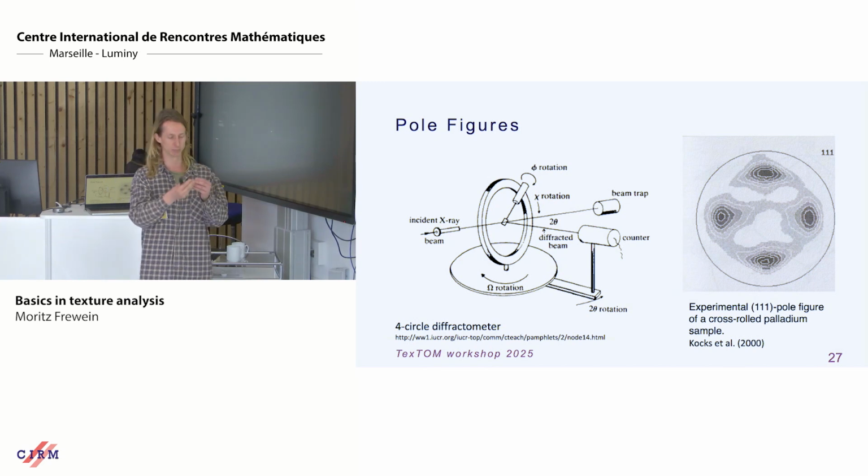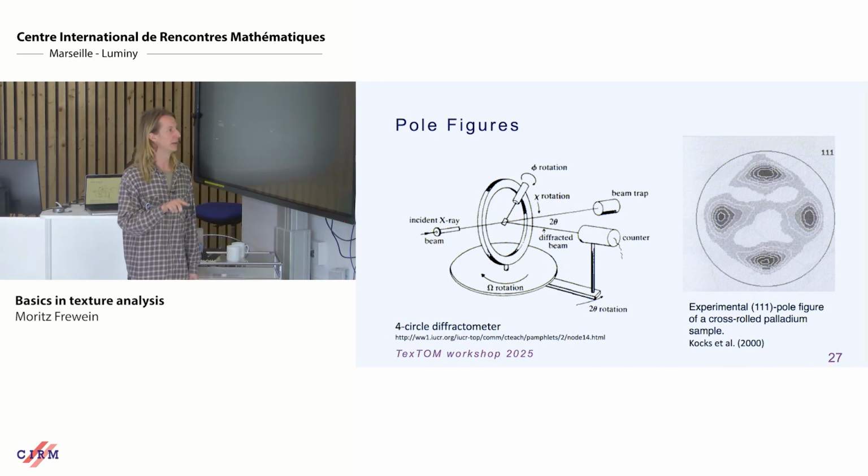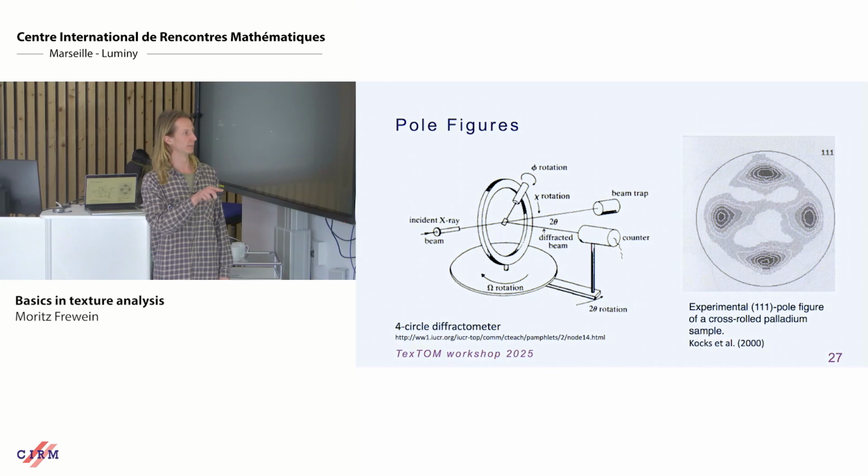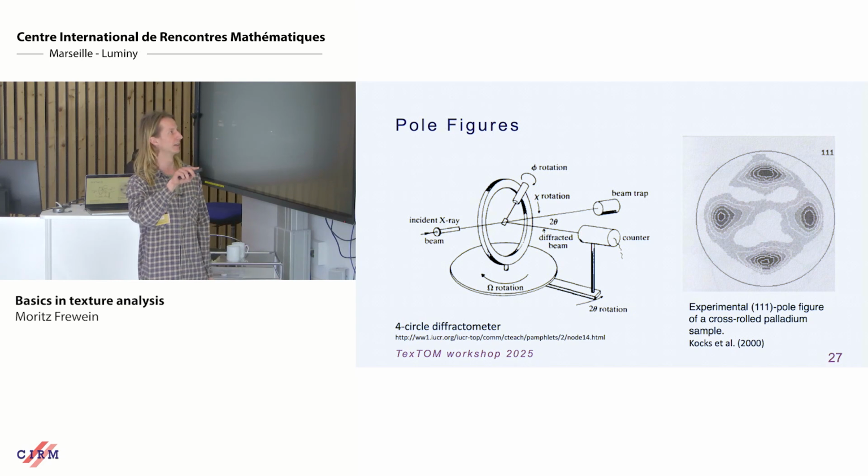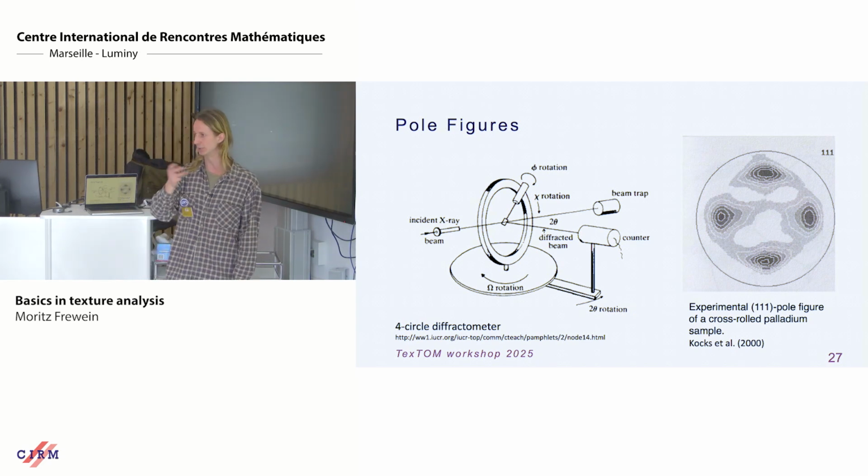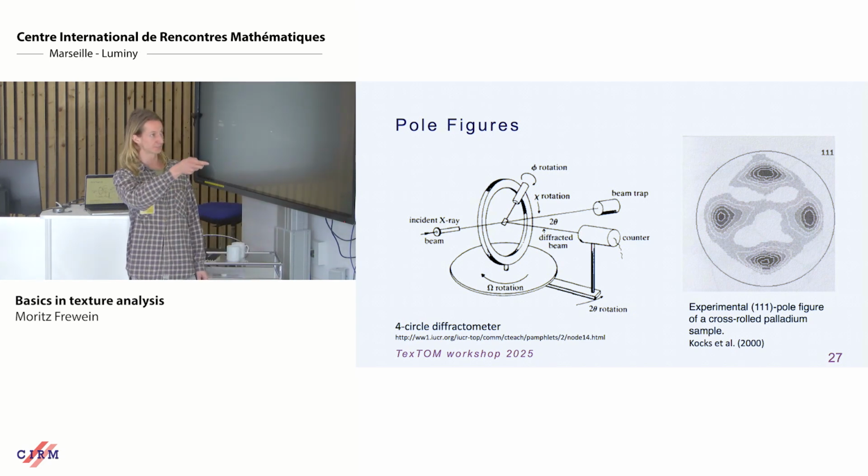So you can really explore different orientations, and you can have another rotation here, which gives you the Q value. So you can set this to a certain Q value that corresponds to a certain diffraction peak, and then if you rotate, get all the rotations of the sample, you can recover the pole figure.